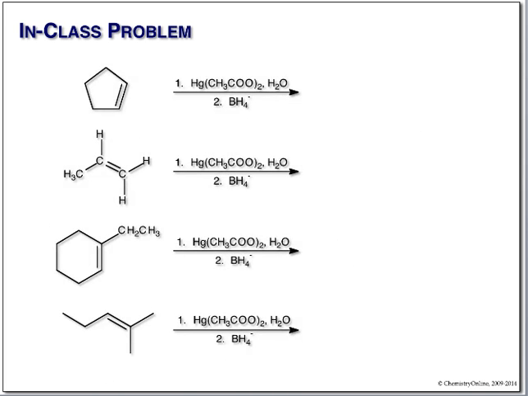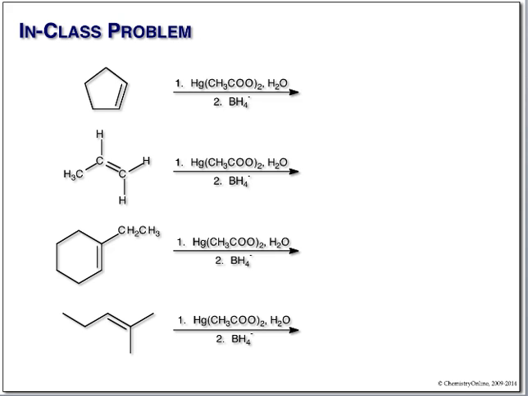A nicely civilized way to make Markovnikov alcohols involves reaction with mercuric acetate followed by sodium borohydride. We know that this involves a mercurinium ion, and because of that we don't get rearrangement. What we do get is Markovnikov regiochemistry. Here we don't have to worry about it.